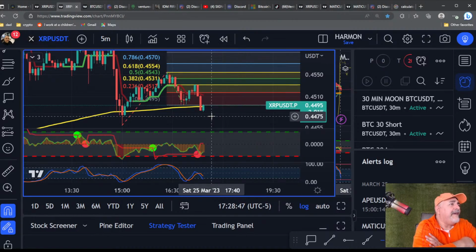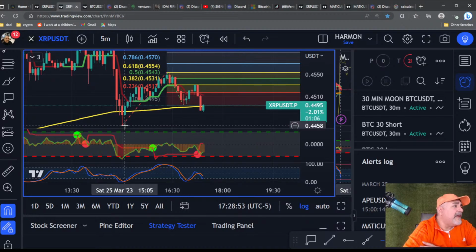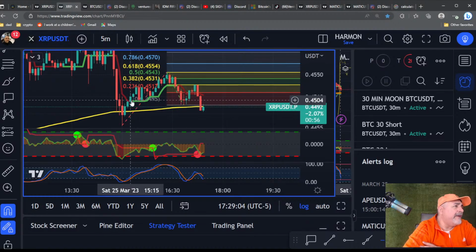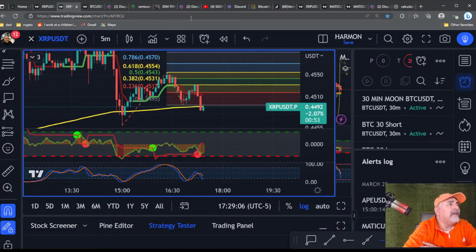It went up to 45 cents, brother. No, this was last night at like 3 in the afternoon. So we had a long right here on XRP at 40.